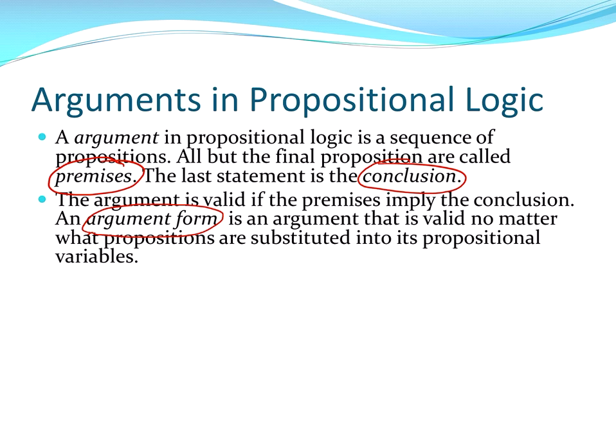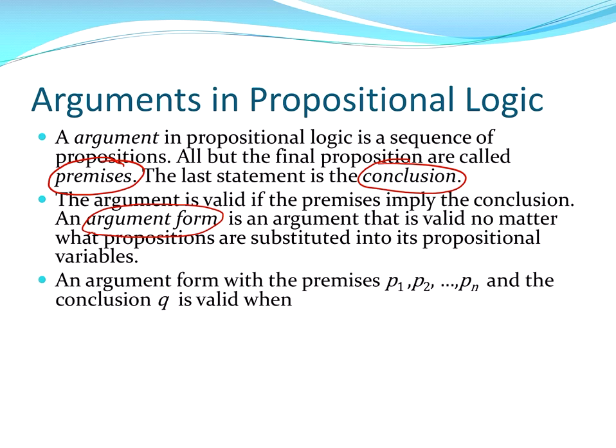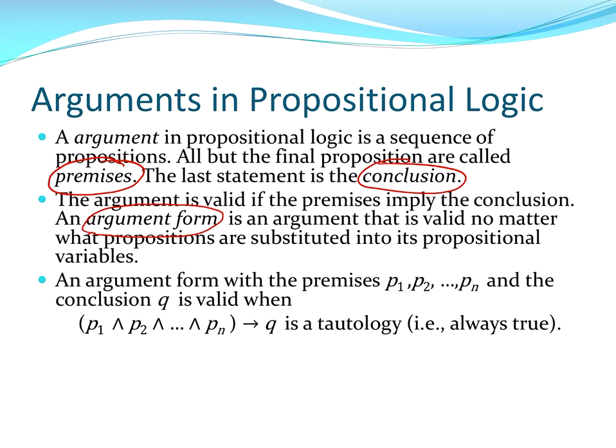If we get the premises true, then the conclusion must follow. So an argument form with the premises P1 through Pn, and these can be compound propositions, they don't have to be atomic, and the conclusion Q is valid when all of those premises conjoined together imply Q. If that statement is a tautology, if it's always true, then if we can show P1, P2, all the way through Pn are true, then the truth of Q must follow.